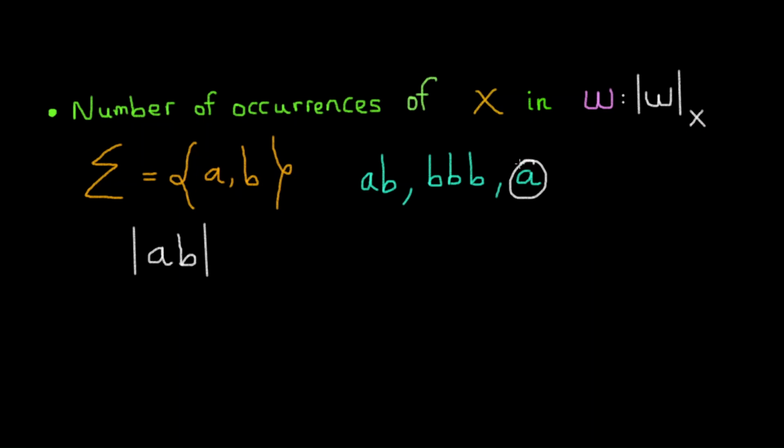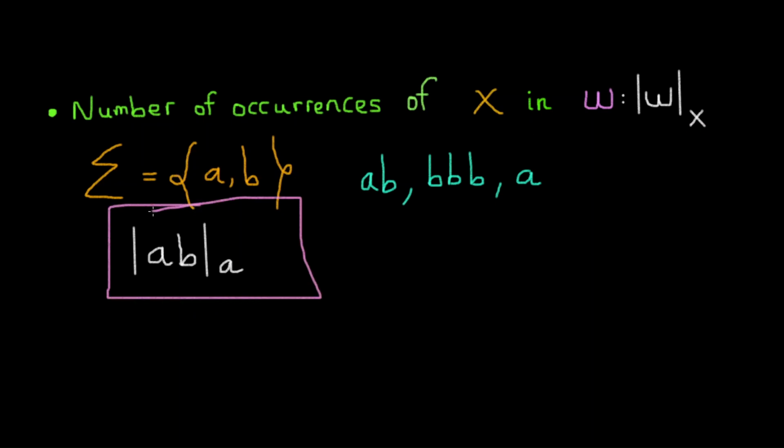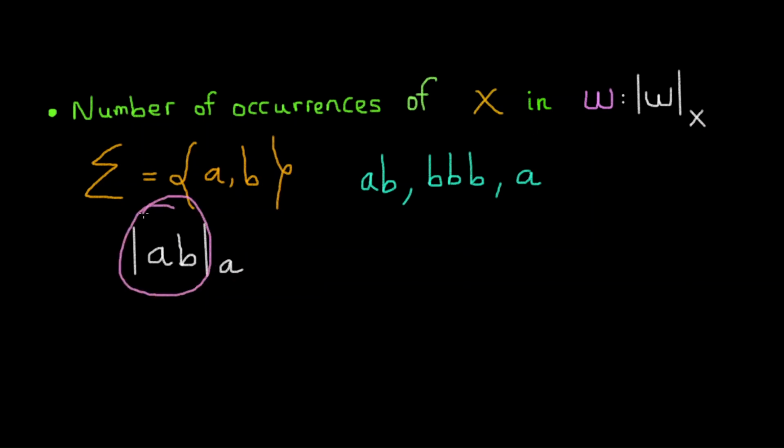So in this case it is A. So we just write A in here like so. So this expression is computing how many A's we have in the word AB. If we analyze the word AB, we can see clearly how we have only one A. So the number of occurrences is equal to 1.